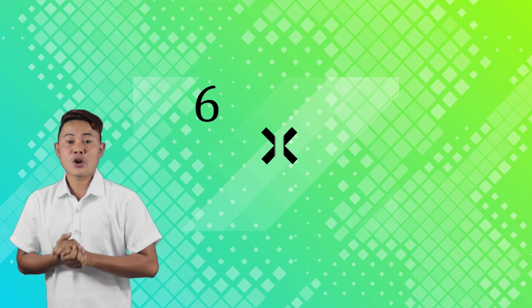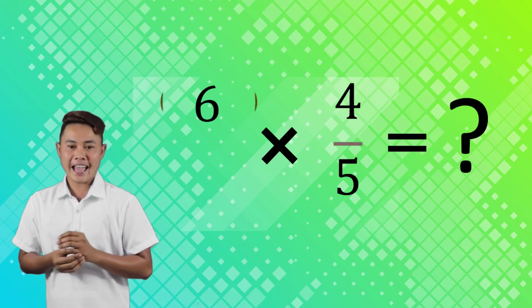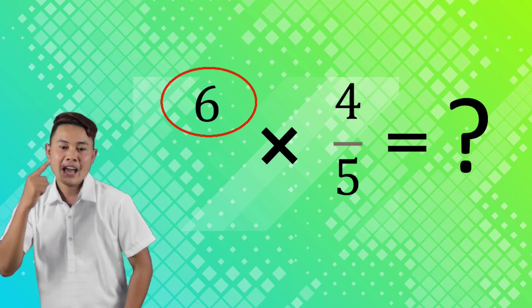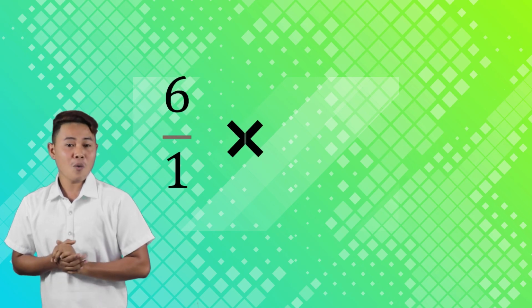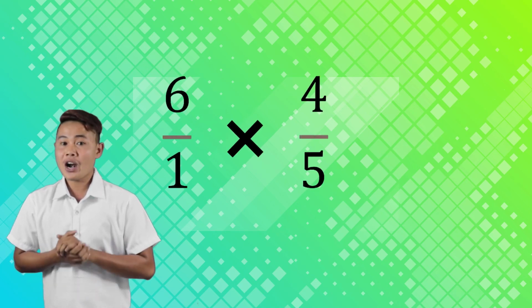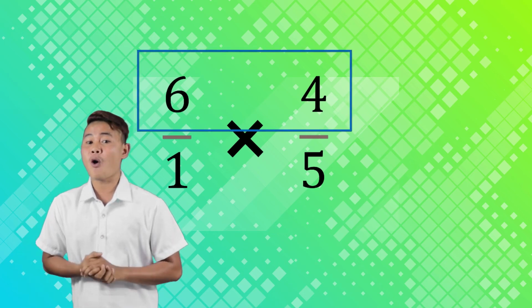Let us try another example. We have 6 times 4/5. Since 6 is a whole number, bear in mind that the denominator is always 1. Therefore, 6 over 1 times 4 over 5. Multiply 6 and 4.